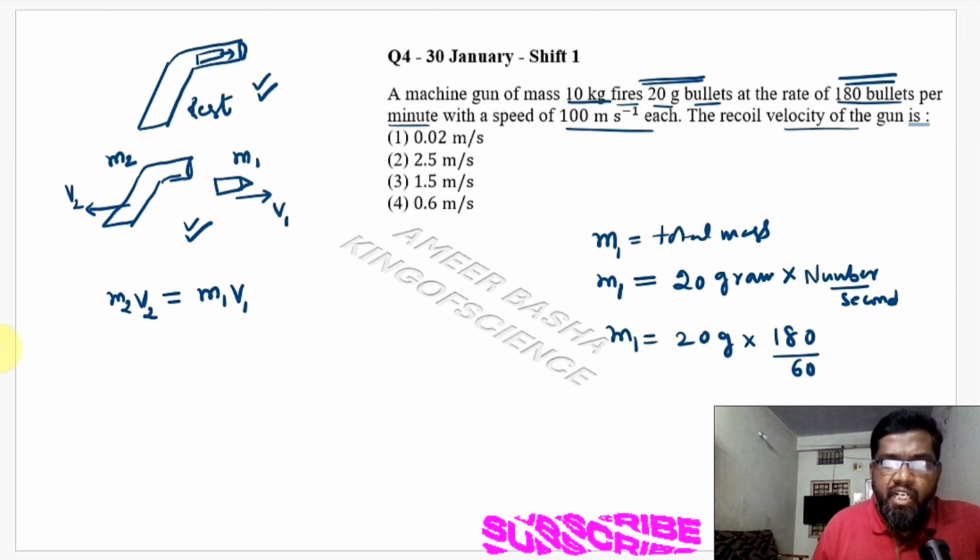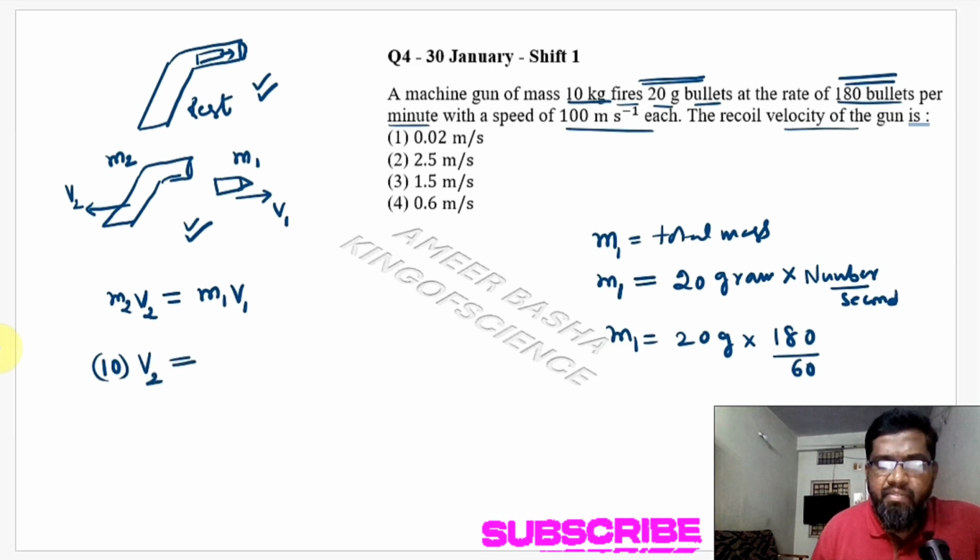Okay, so I can substitute here. The m2 value will be the mass of the gun, which is given as 10 kilograms. Then v2 I need to calculate. The total mass coming out per second will be 20 grams into 180 by 60.